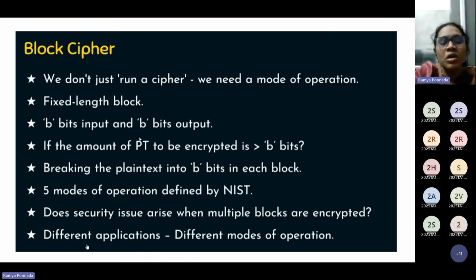Here the plain text is going to be encrypted with respect to B bits. How is it done? You check whether the plain text to be encrypted is greater than B bits. If it is greater than B bits, you need to replace it with filling characters.